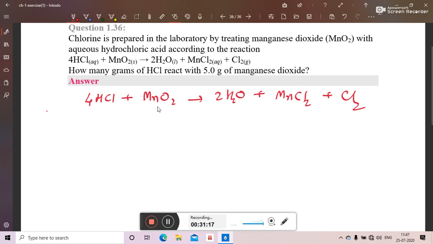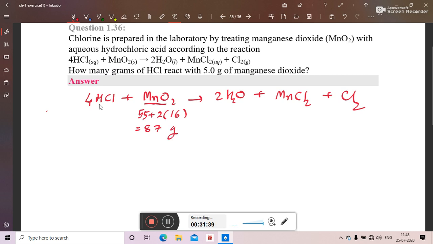Now here, the mass of MnO2 according to the balanced equation, its molar mass is, for manganese 55 plus 2 times oxygen 16. So that will be 55 plus 32, which is 87 gram.